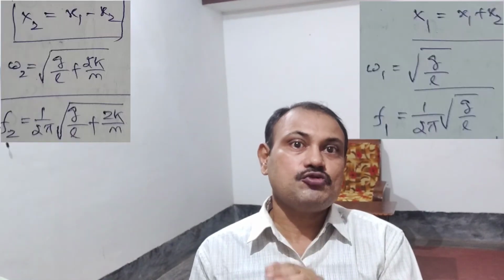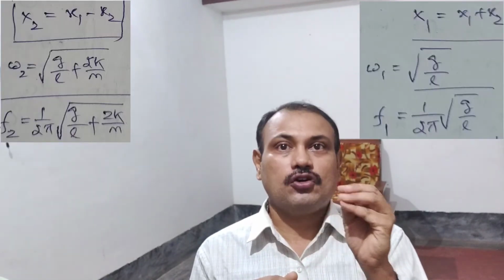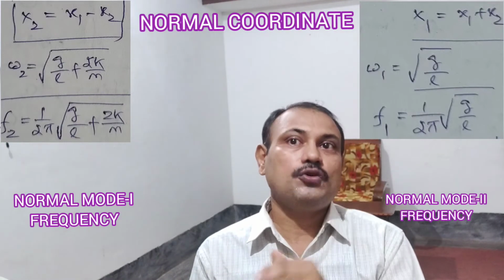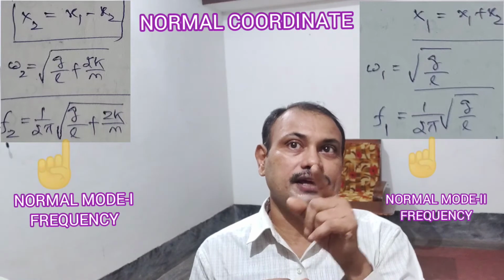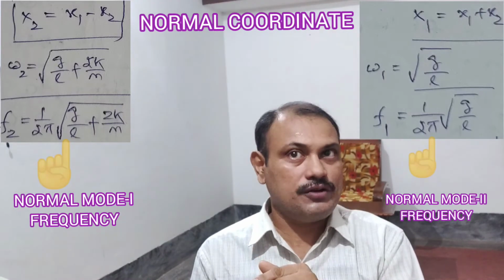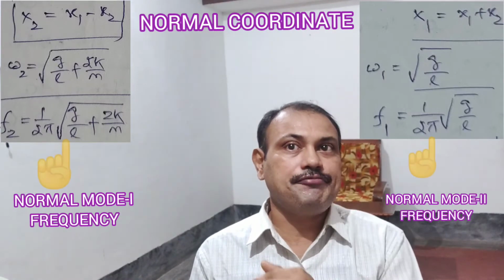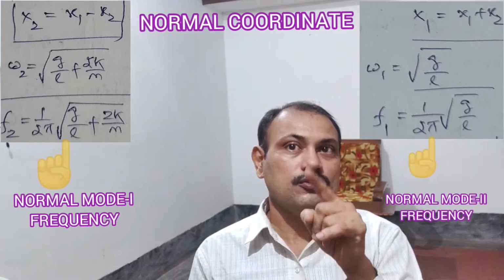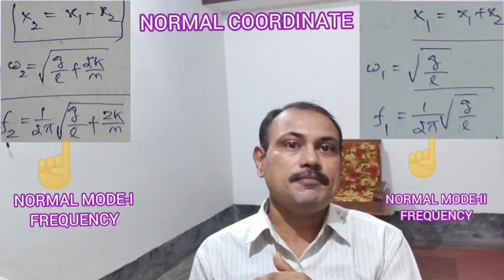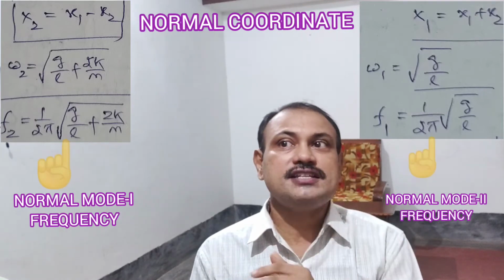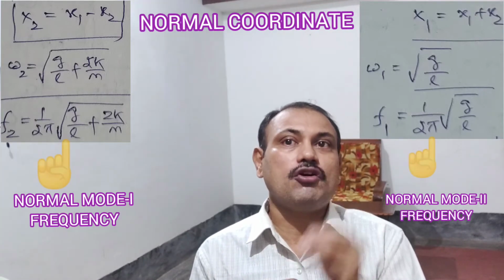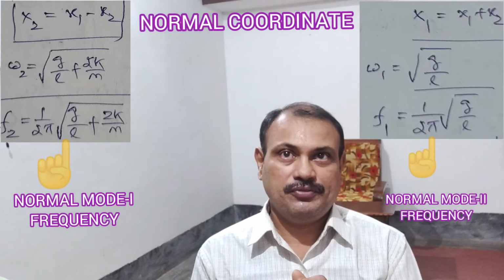Here the coordinates capital X1 and capital X2 we call normalized coordinates or normal coordinates, and the corresponding frequencies f1 equal to 1 by 2 pi square root of g by L, and f2 equal to 1 by 2 pi square root of g by L plus 2k by L, are the characteristic frequencies of these normal mode vibrations, which are called normal frequencies.